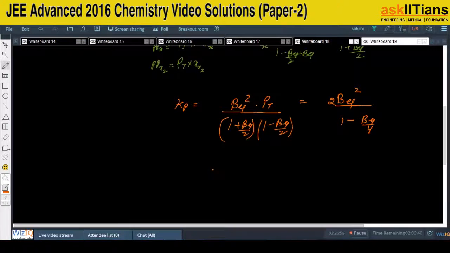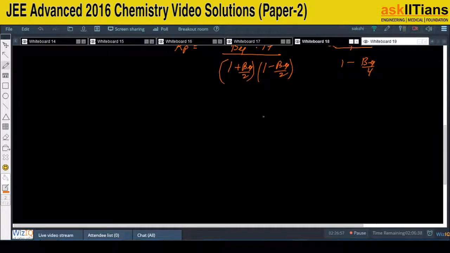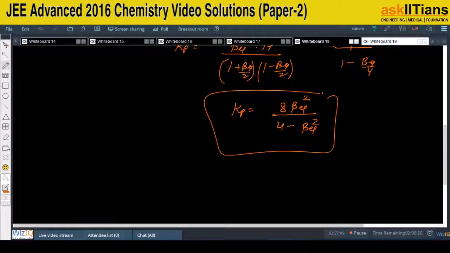To compare it to the answers given to you, you can simplify it as 8 into B equilibrium square divided by 4 minus B equilibrium square. So this is the value of Kp. If you look into the options, you can find that option B is the correct option for this particular question.